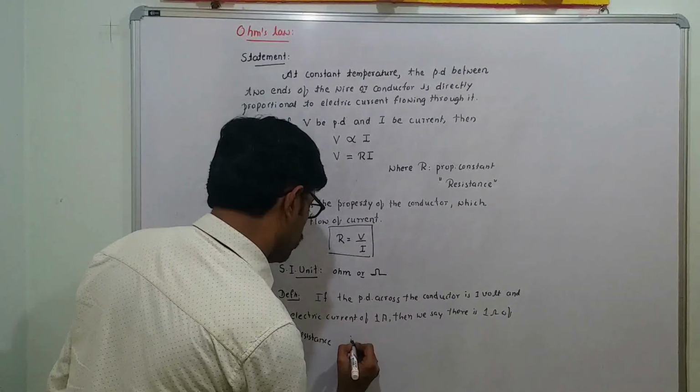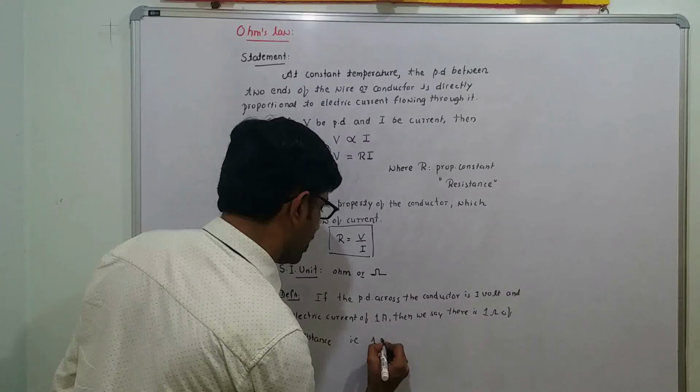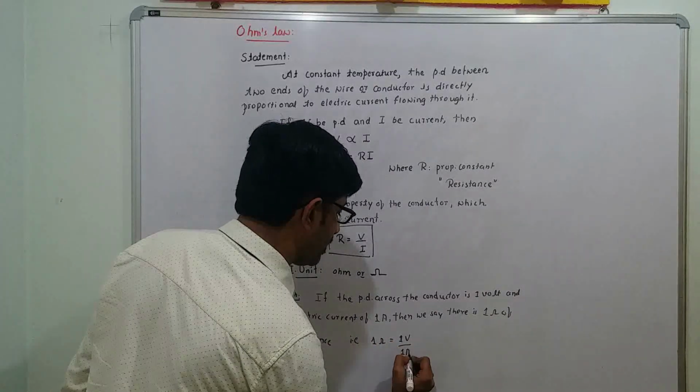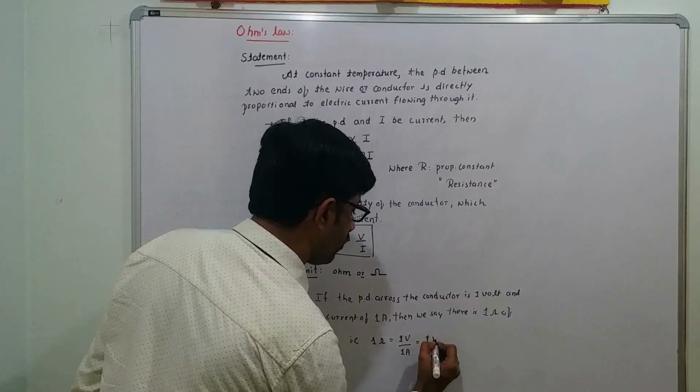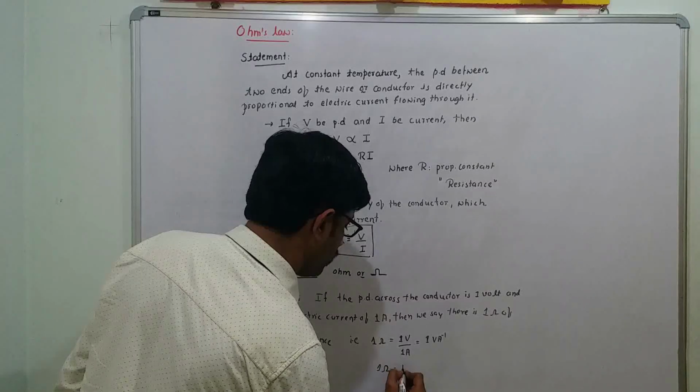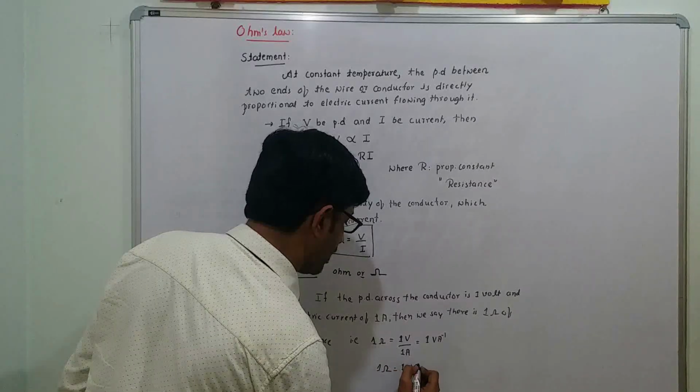That is, 1 ohm of resistance can be written as 1 volt divided by 1 ampere, therefore 1 volt per ampere. So 1 ohm is equal to 1 volt per ampere.